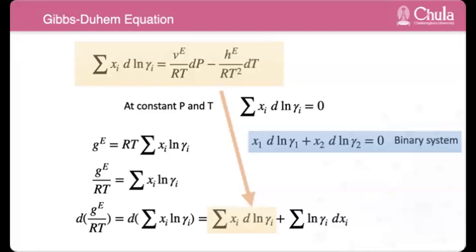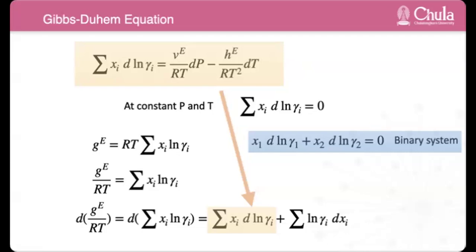I told you we will not cover the Gibbs-Duhem equation in full, but in this slide we cover some part of it. We can write the summation of xi d log gamma i as VE over RT dP minus HE over RT squared dT. You can check how we derive this equation.